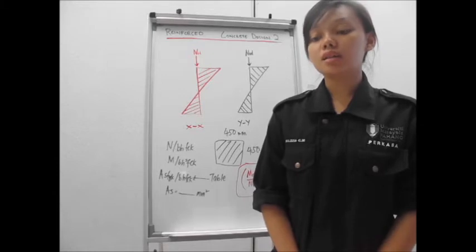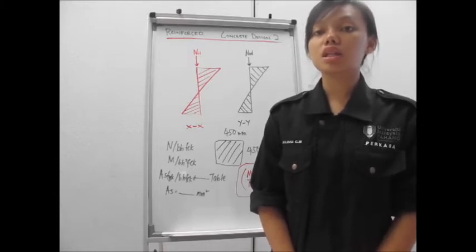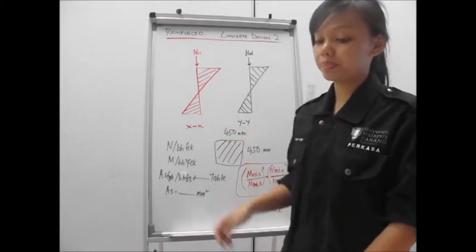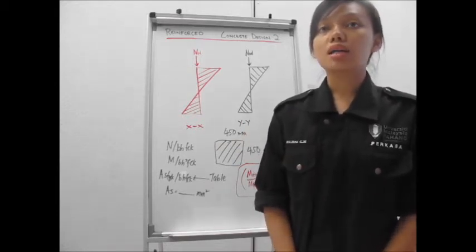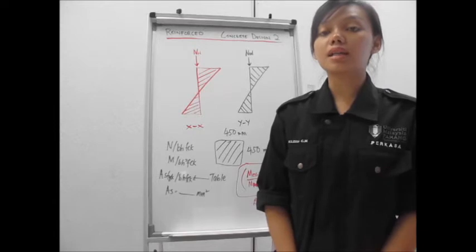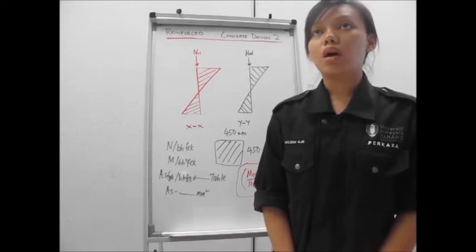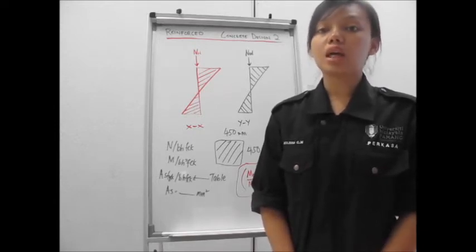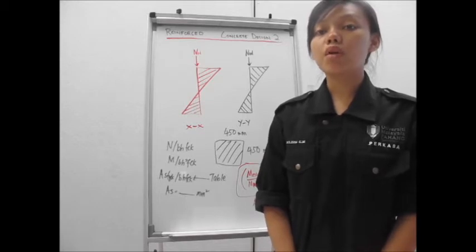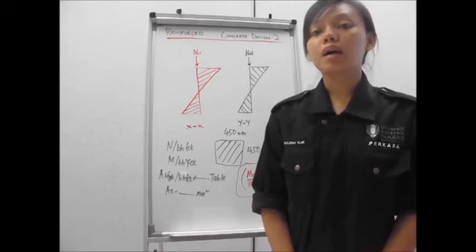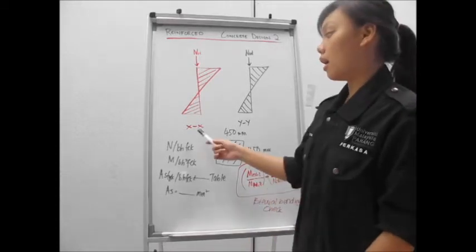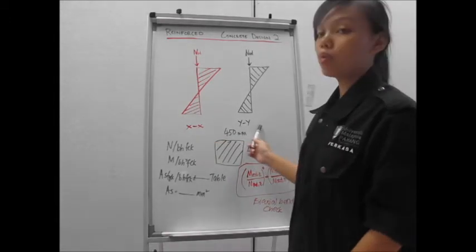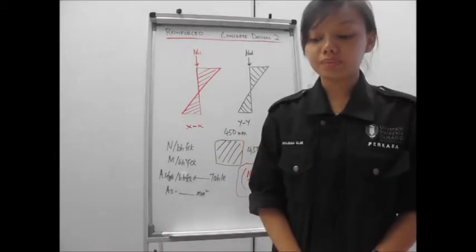Column is designed according to the load that transfers from the frame to the column. There are two types of column, which are slender column and non-slender column or short column. In our project, we use both types of column, and both columns are bent about both axes, which are XX direction and YY direction.